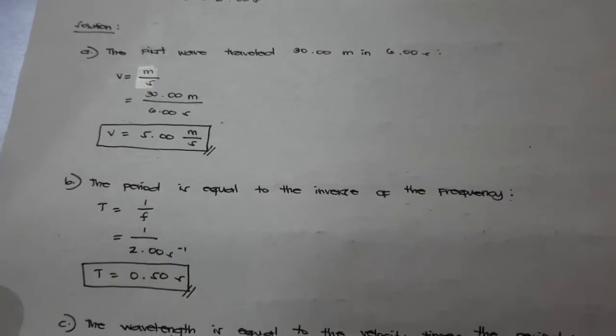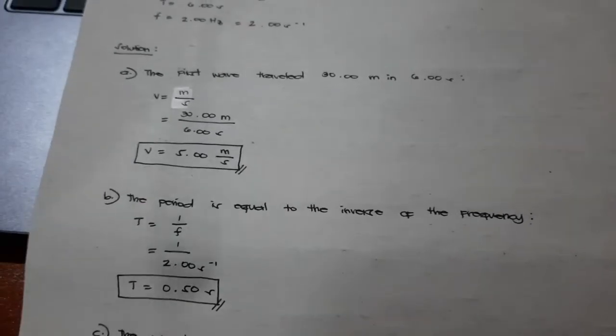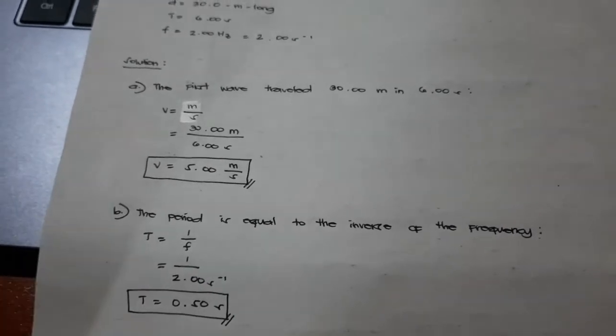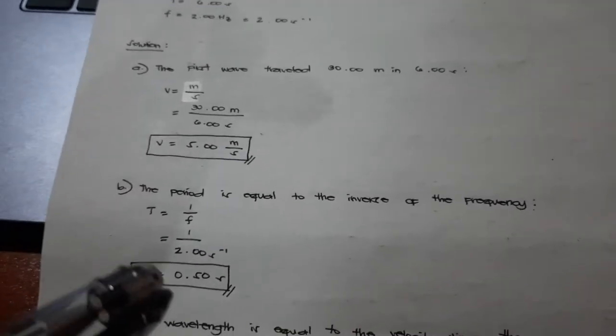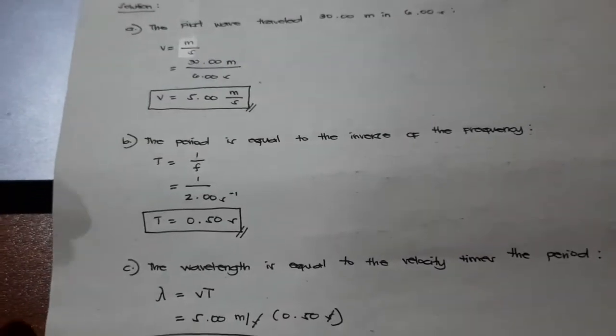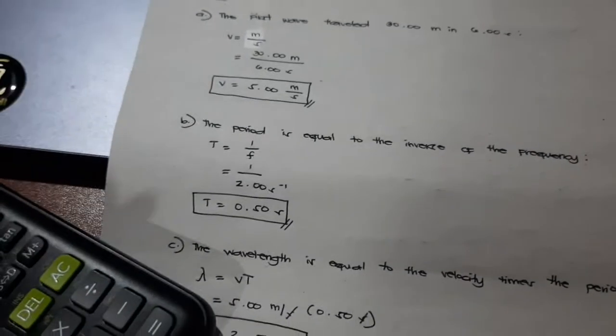What is the period of the wave? The period is equal to the inverse of the frequency. So the period equals 1 over the frequency. Since the frequency is given, we just substitute it. So 1 divided by 2.00 seconds raised to the negative 1 power.